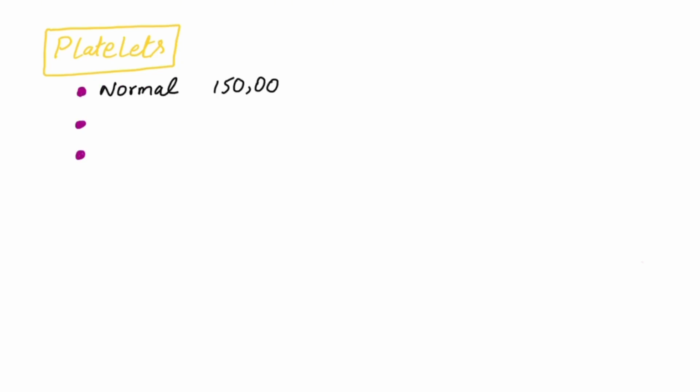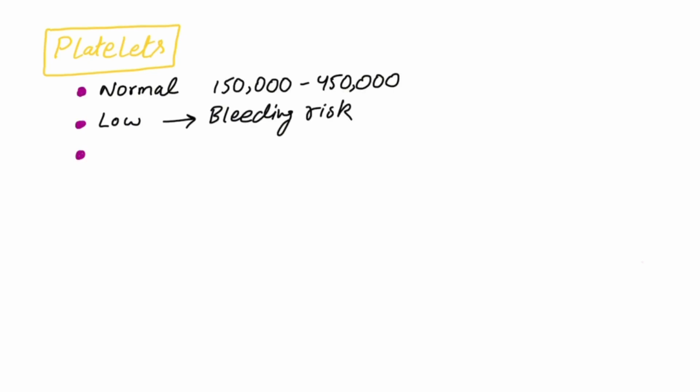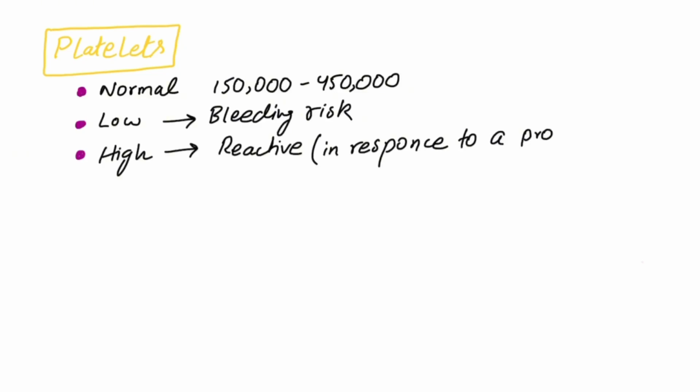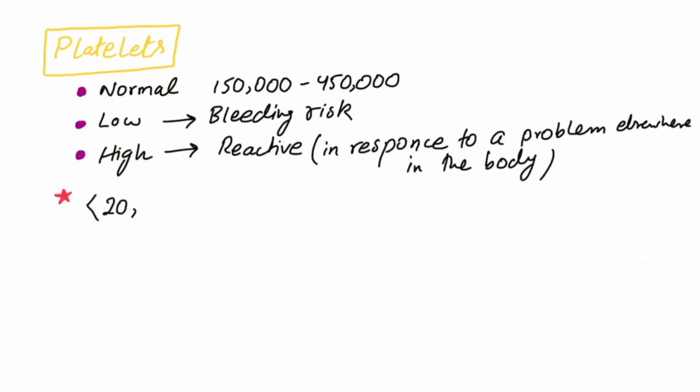So let's move on to the third part, which is platelets. Like any value, it could be normal, it could be low, or it could be high. If it is normal, then it's good. But if it is low, then it might indicate a bleeding risk, and it can be high in reactive phases, which means it is high in response to a problem going on in the body that is not directly originating from the bloodline or the blood cells, but is a response to an ongoing infection.